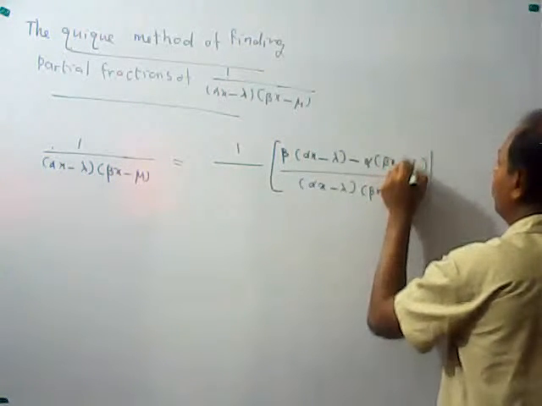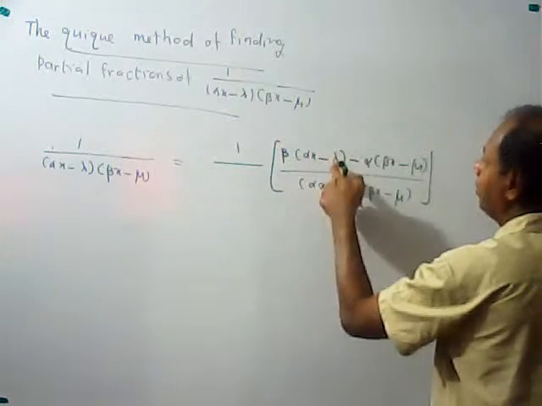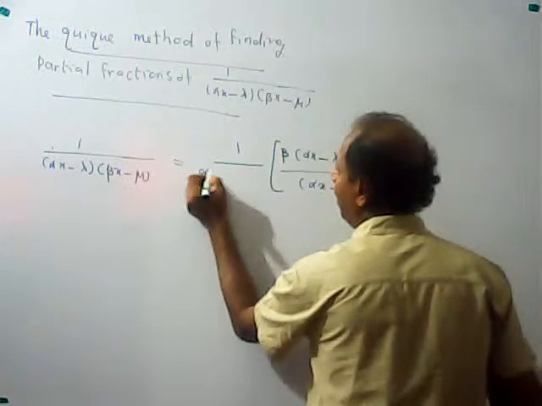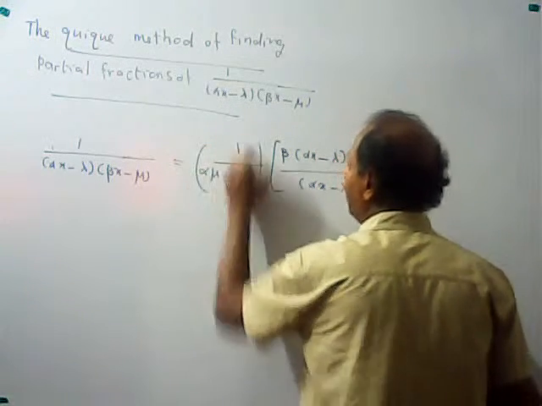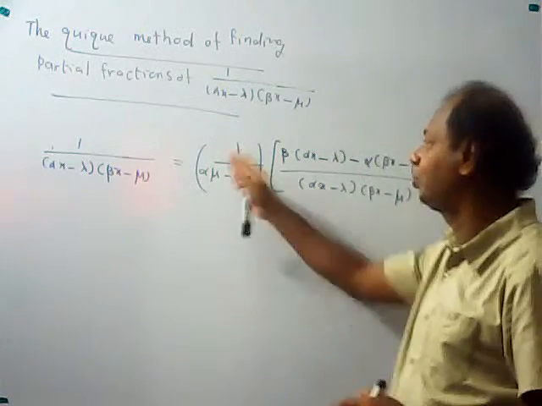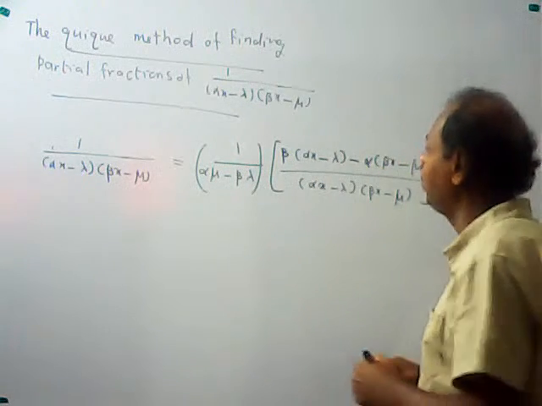We have to divide by alpha mu minus beta lambda. Now two sides are the same.